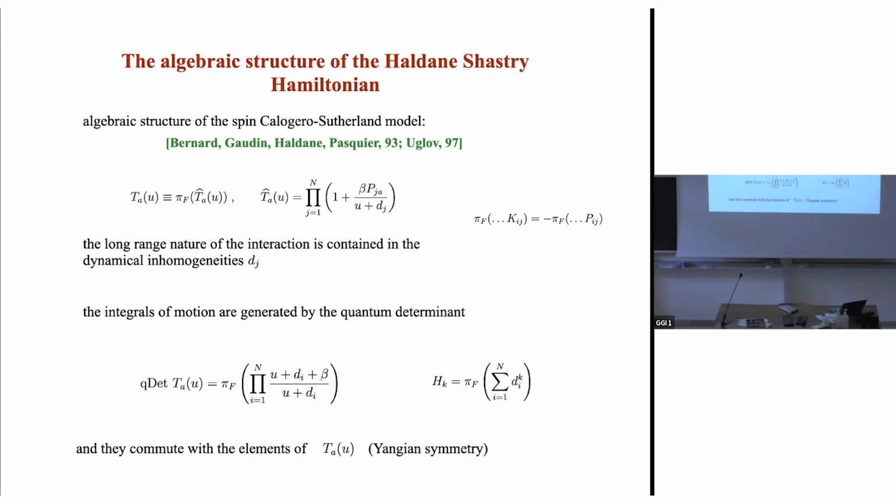Essentially the commuting Hamiltonians are given by the projections of symmetric sums of Dunkl operators. And since the quantum determinant commutes with everybody here, the integrals of motion commute with everything, and this is the explanation for this huge degeneracy in the spectrum.